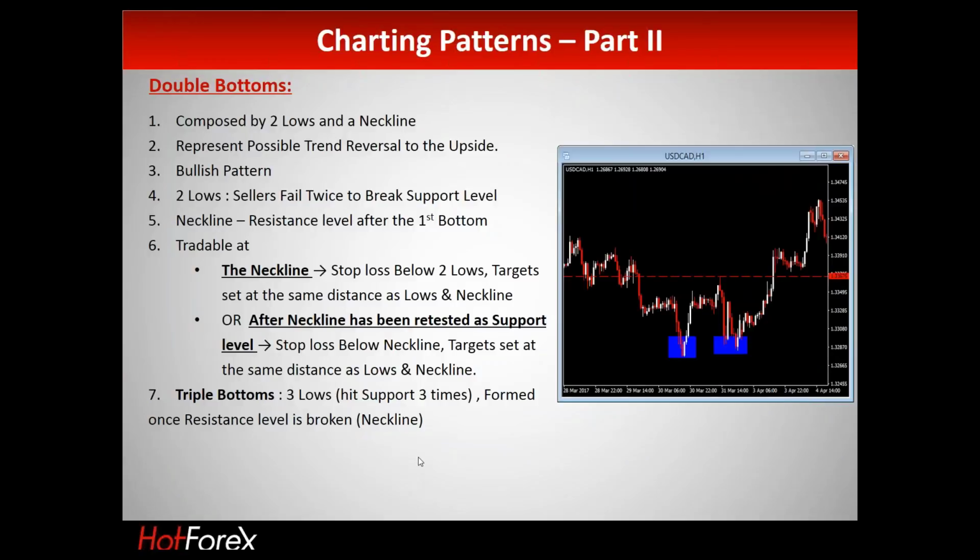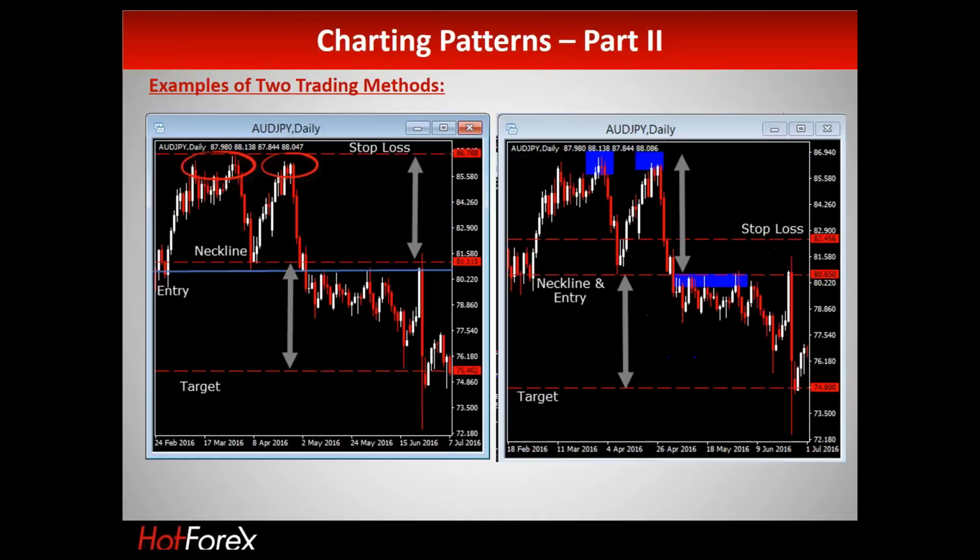Kostan has a question: it is safer to enter on the entry because sometimes pairs can move to make a triple top. So you're referring to the second tradable way, where the stop loss is closer.